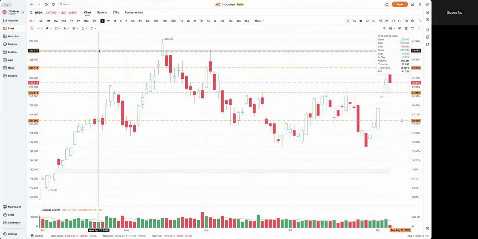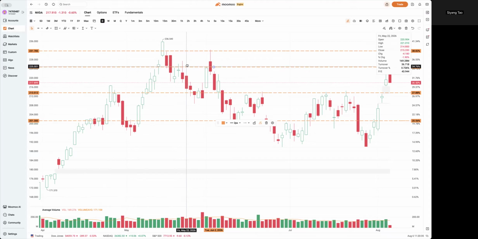It looks chaotic. So for the resistance zones, the extremes are here, so we can make it around here. And then the lower boundary of the resistance zone is around here. Okay, because we have the extremes here, here, here, here.